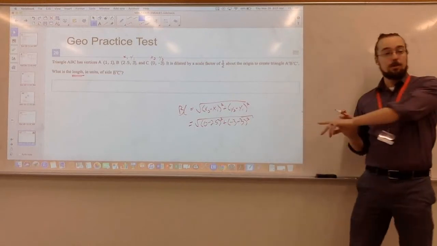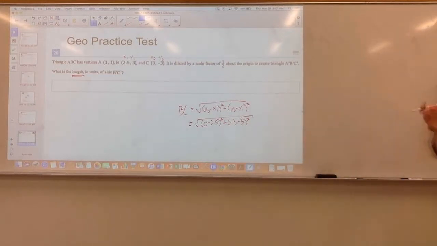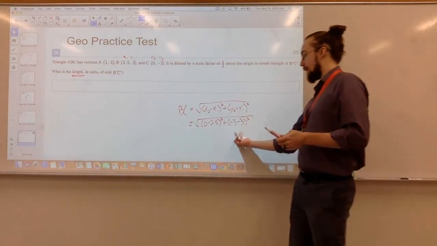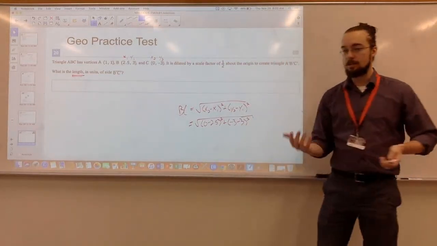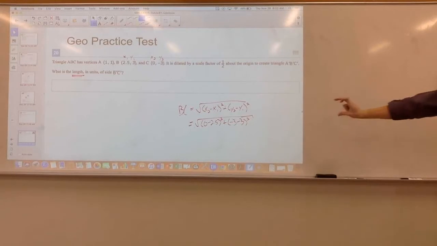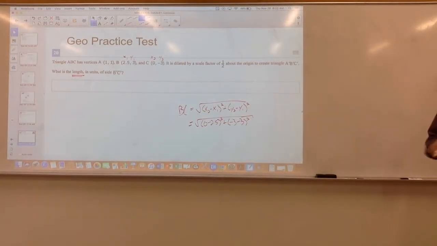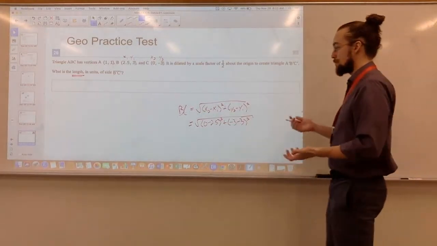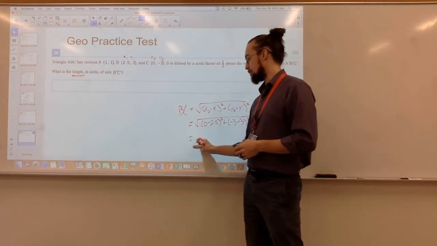Now, I can actually plug that whole thing into the calculator just like that. I don't have to try to do this by hand and then square by hand. Right? I can plug it into the calculator exactly like that. If we do that, that gives us fewer opportunities to make a mistake.